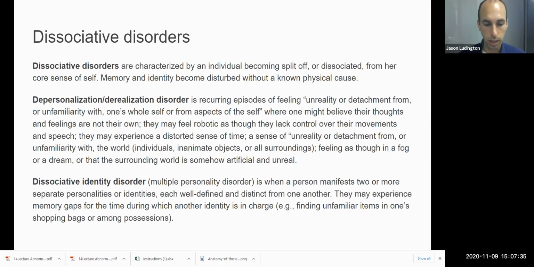This has become very interesting and popular to people. So there's a lot of talk about it, but it's relatively rare. This is when a person manifests two or more separate personalities or identities, each well defined and distinct from one another. And they can experience memory gaps for time during which another identity is in charge.